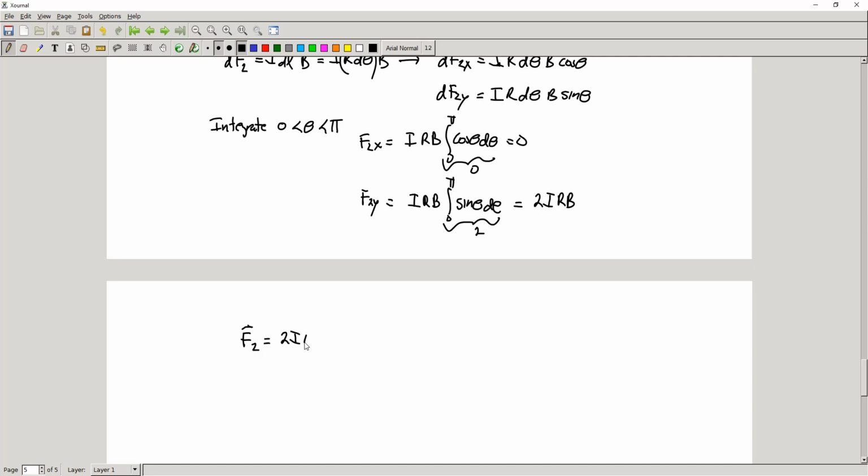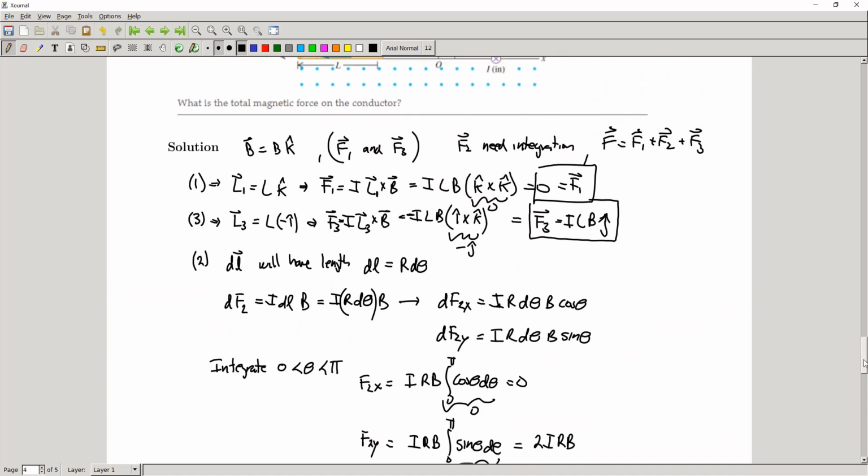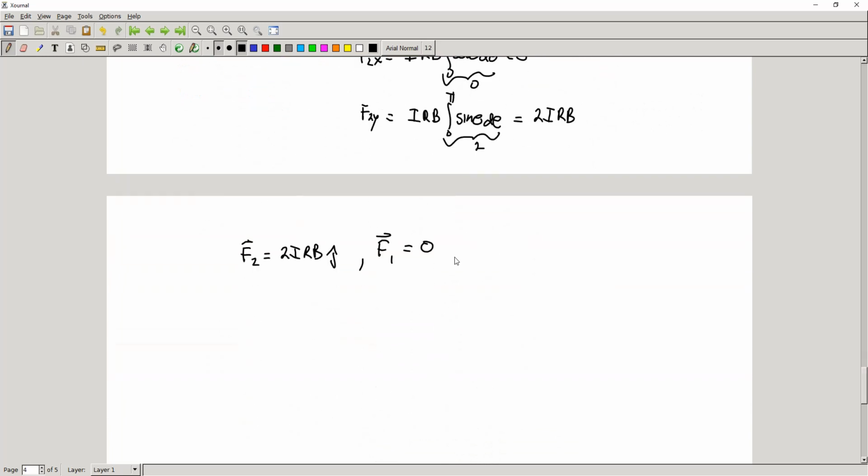If the x component were non-zero, there'd be some i hat component also, but there isn't, and so we just end up with this one direction with a magnitude for our F2. Remember from above we had an F1 that was equal to 0, and we had an F3 that was equal to I L B j hat.